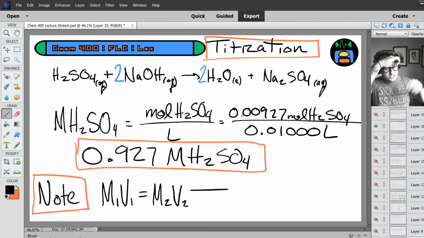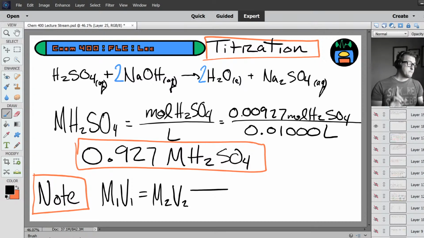The dilution equation M1V1 equals M2V2 only works if there's a 1-to-1 ratio in the balanced chemical equation between your analyte and your titrant. So if your acid and base have a 1-to-1 molar ratio in your balanced chemical equation, the dilution equation will work.